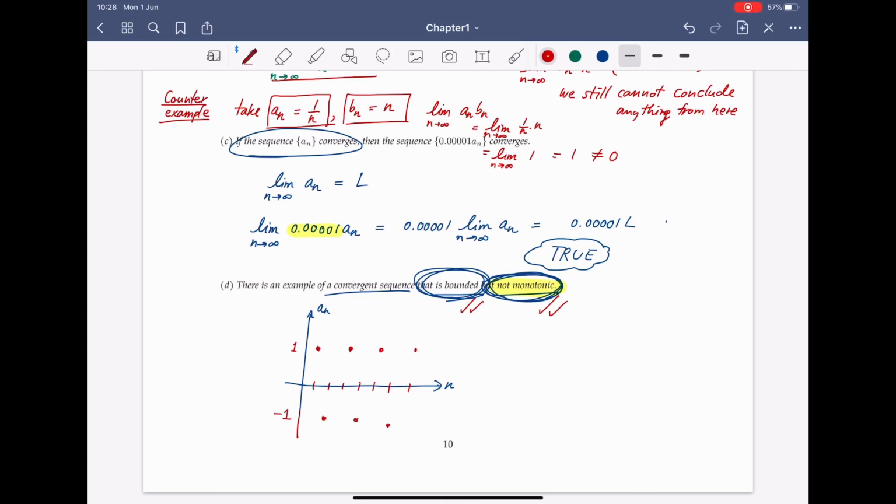Yes, it is bounded by 1 now, right? However, the sequence here is not convergent, because when n goes to infinity, it's going to swap between -1 and 1 all the time. So we just need to fix it a little bit.